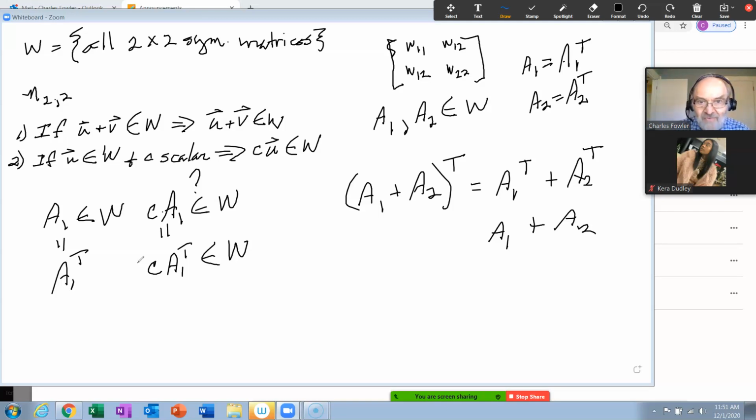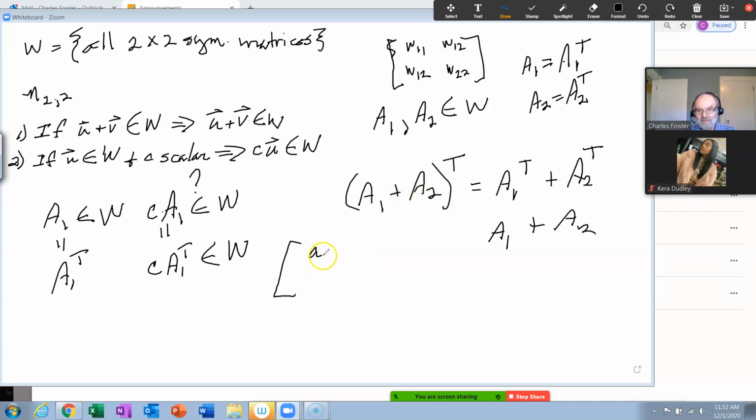So sure enough, and the other way to look at this is, I wish I had used different symbols. For A1, let's use little a, and for A2 we'll use little b.